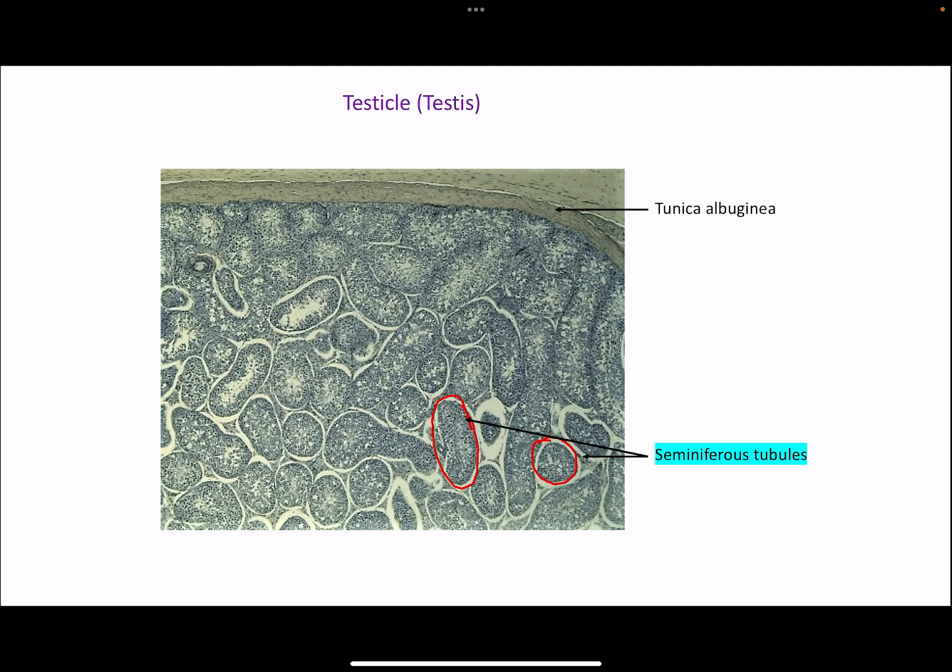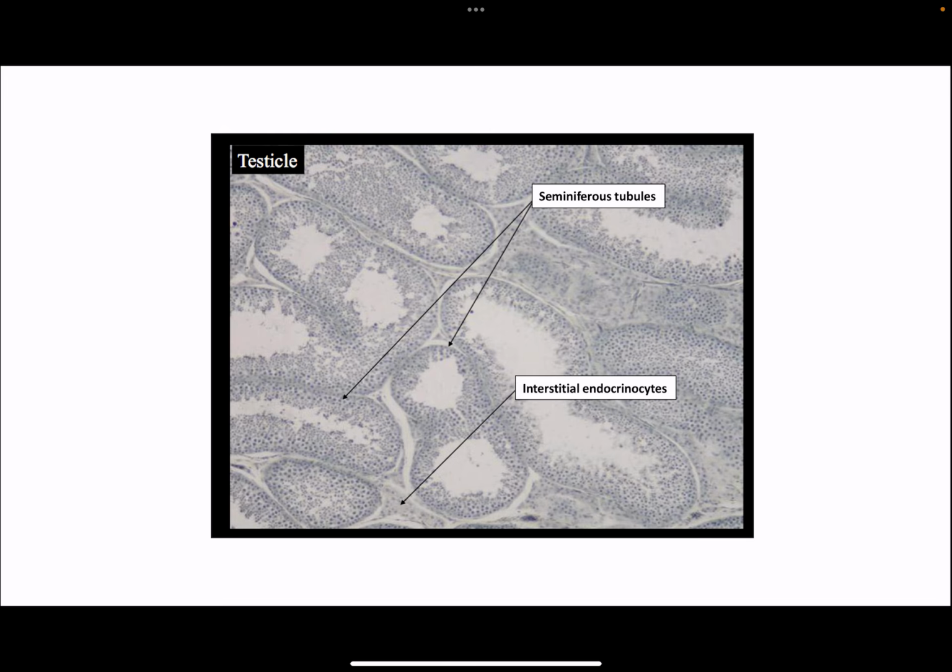So the same thing, testicle, seminiferous tubule, like I said, this one. This one is at higher magnification. You can see the same thing, but it's a little bit bigger.